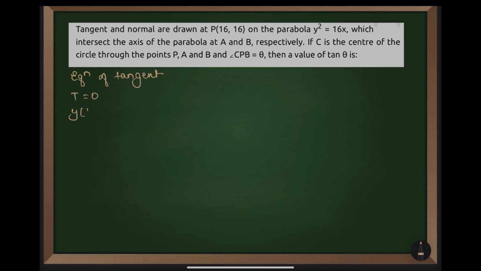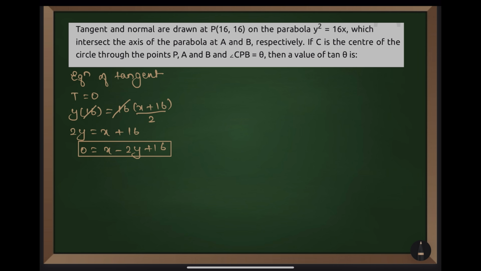So y1 equals 16 times x plus x1 by 2. So this thing done: 2y equals x plus 16. So can I go with x minus 2y plus 16 as the equation of tangent?